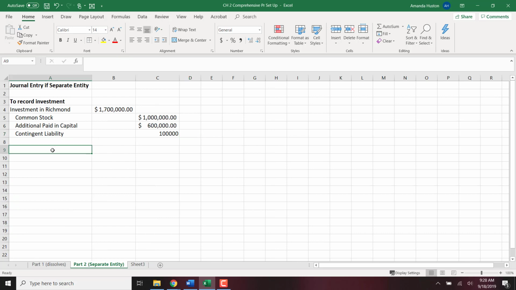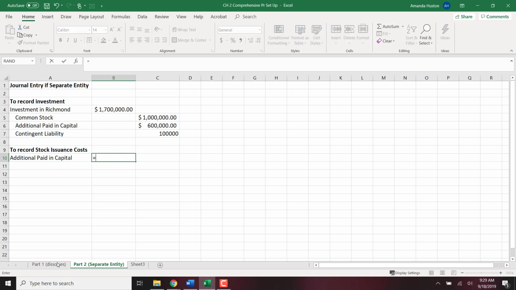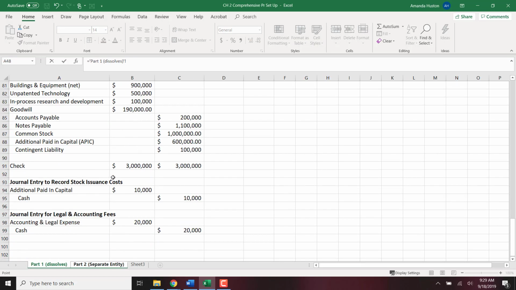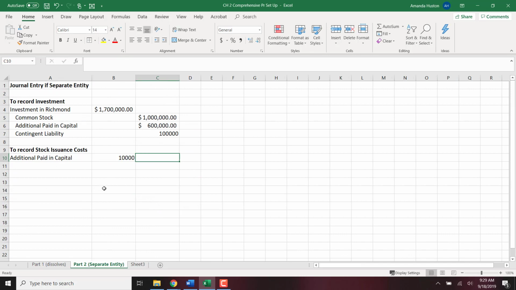We would also record the stock issuance cost, which would be additional paid in capital. I'm going to go down here. It's going to be the same journal entry, right? Additional paid in capital and cash.